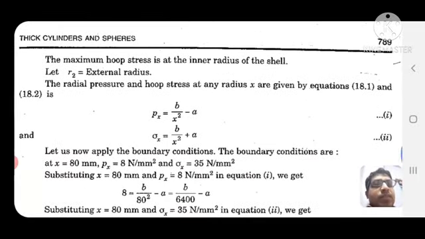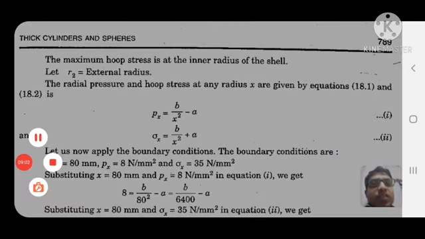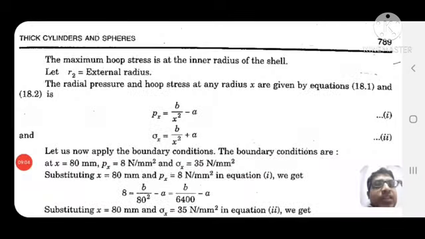Now the maximum hoop stress is at the inner radius of the shell, and R2 is the external radius. The radial pressure and hoop stress at any radius x are given by equations 18.1 and 18.2.